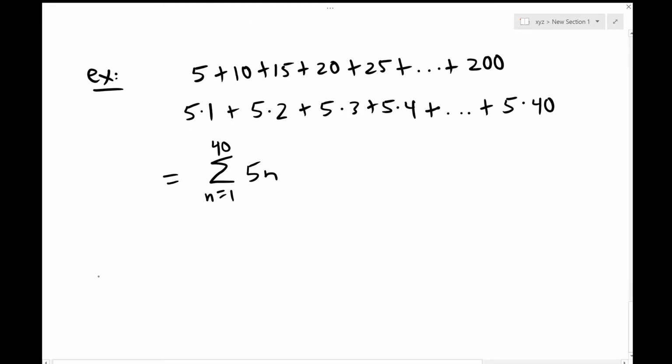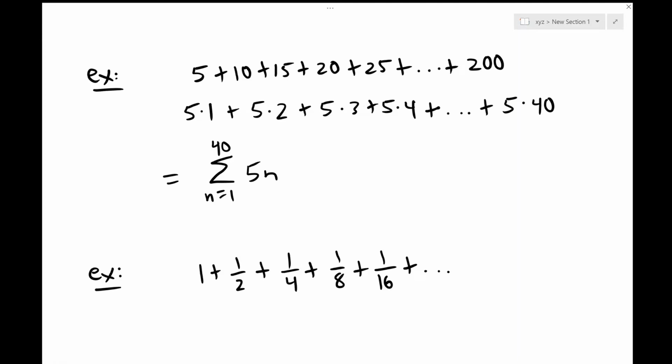And let's try one more example like that. What if we want to find the sigma notation for the series 1 plus 1/2 plus 1/4 plus 1/8 plus 1/16 plus ... So again, notice the dots at the end here indicate that this series just keeps on going forever. So this would be an example of an infinite series.